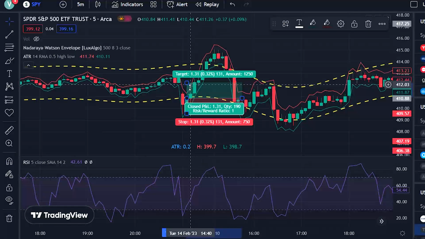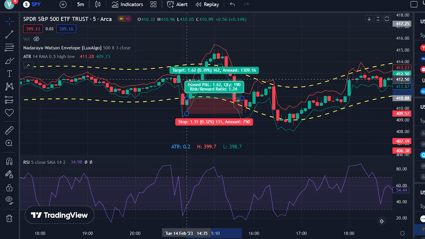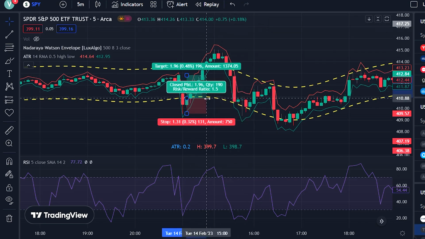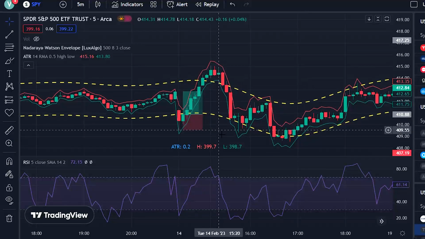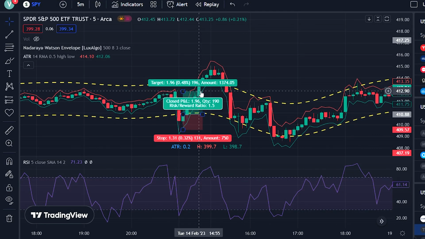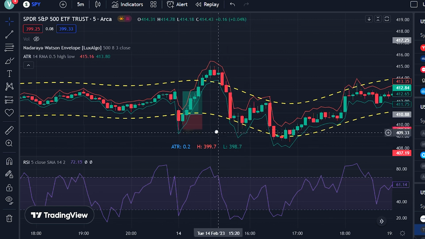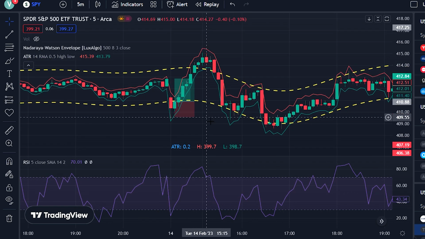The stop loss would be at the ATR stop loss line at the bottom, and we're going for 1 to 1.5 risk to reward. This would have hit in just a few candles, in 15 minutes. So that would be an example of a long trade.